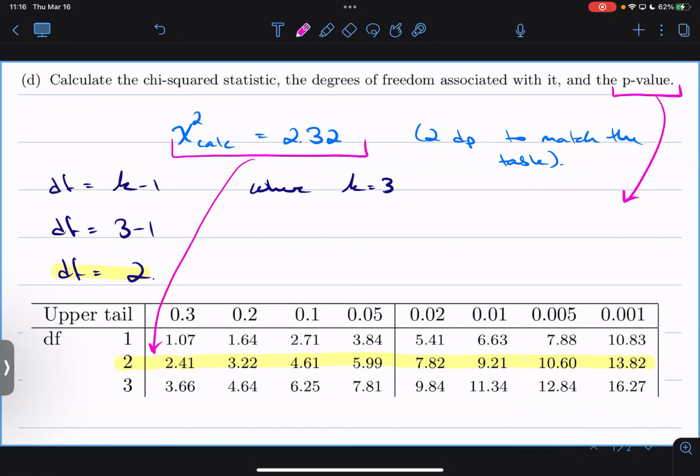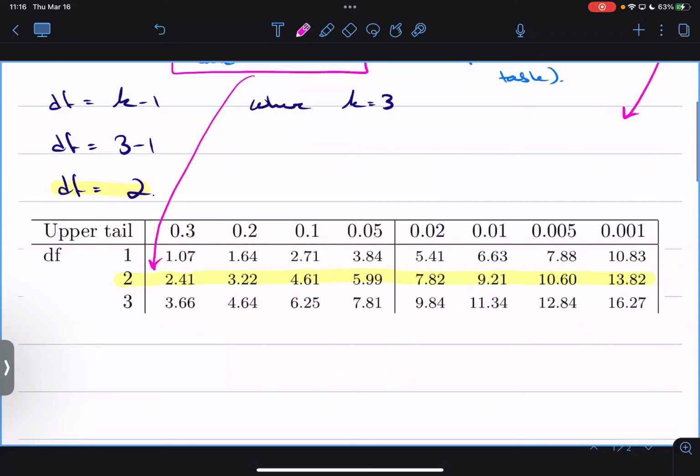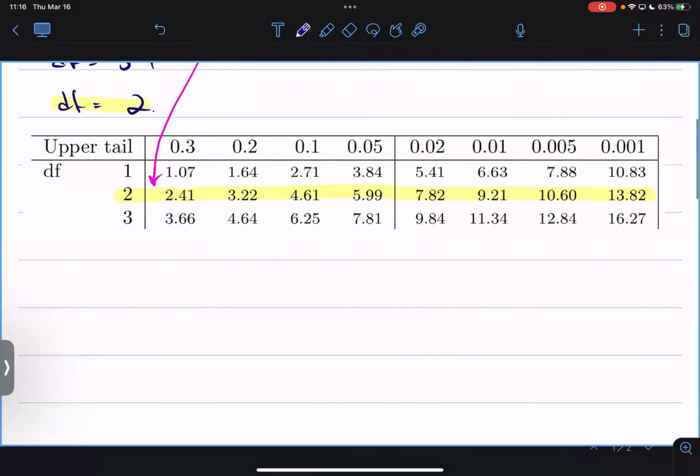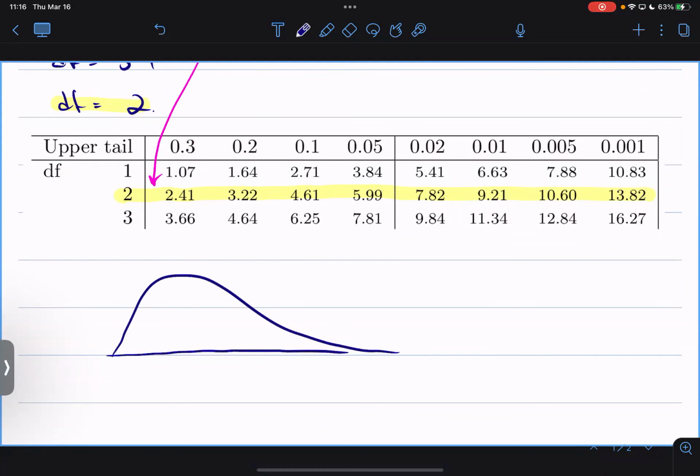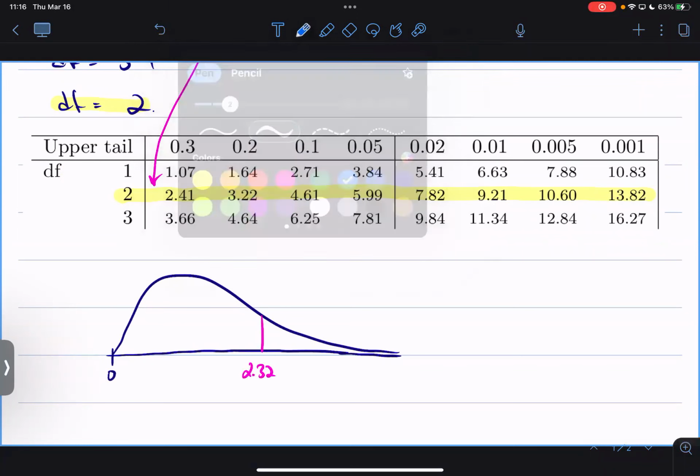When we use the Z table, the shape of the chi-squared distribution is skewed, but the idea stays the same. And so here is a chi-squared of 0, and we have a calculated chi-squared of 2.32. The table starts at 2.41.